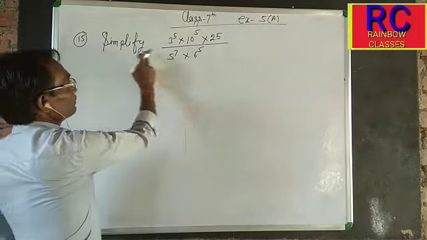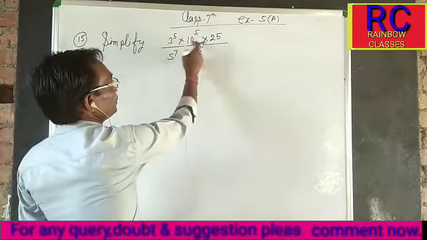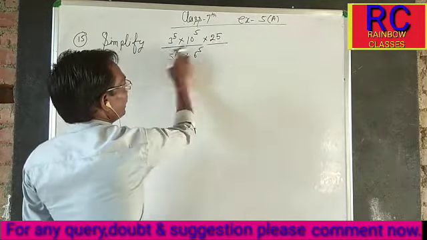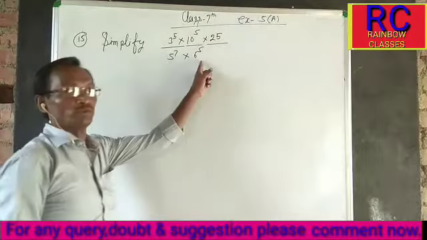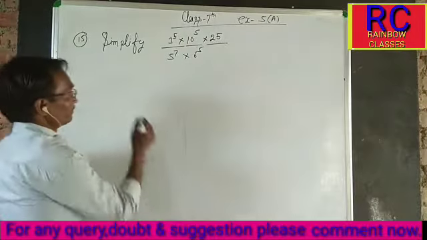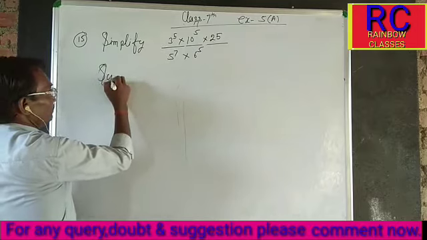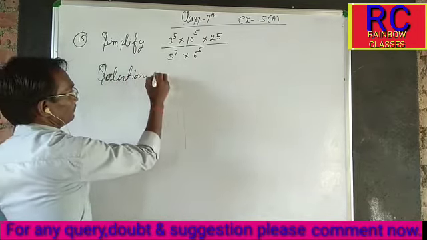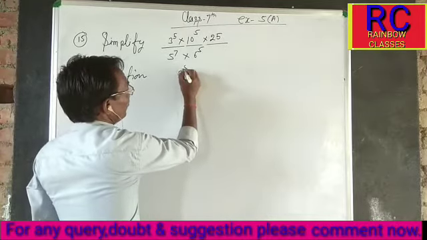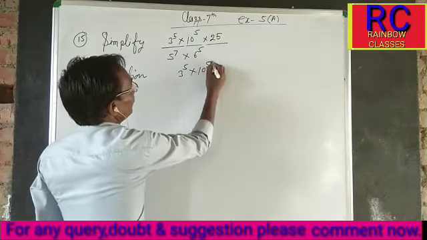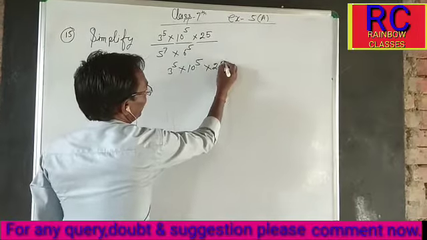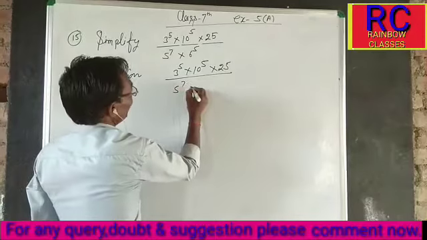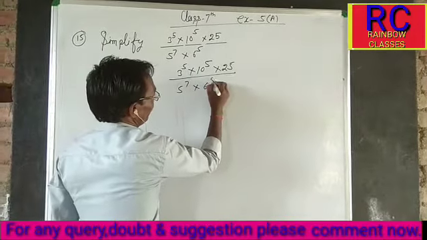Question 18. Simplify 3 to the power 5 into 10 to the power 5 into 25 by 5 to the power 7 into 6 to the power 5.